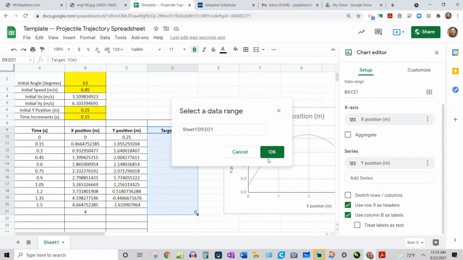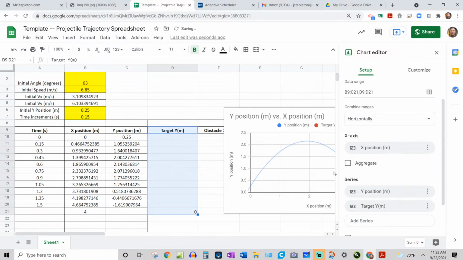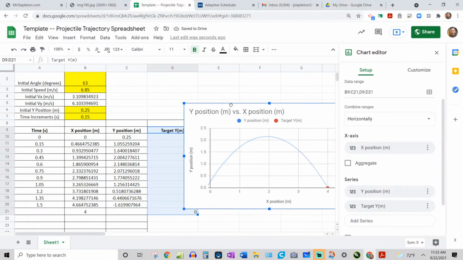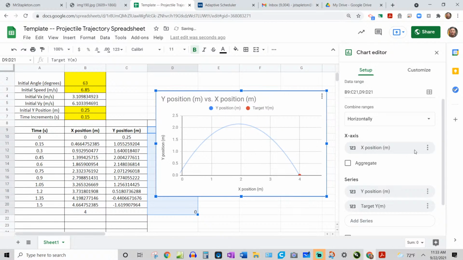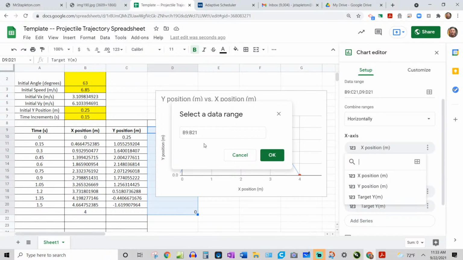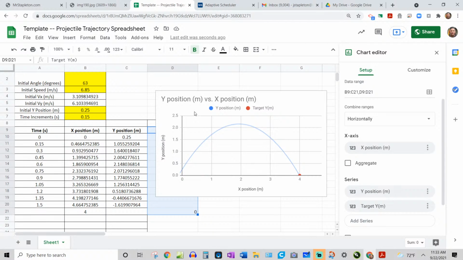It's going to be this. It automatically adjusted. Look at this. If I click on the x-axis and go to select, it automatically changed to B21. It doesn't always do that. Sometimes you have to increase that.